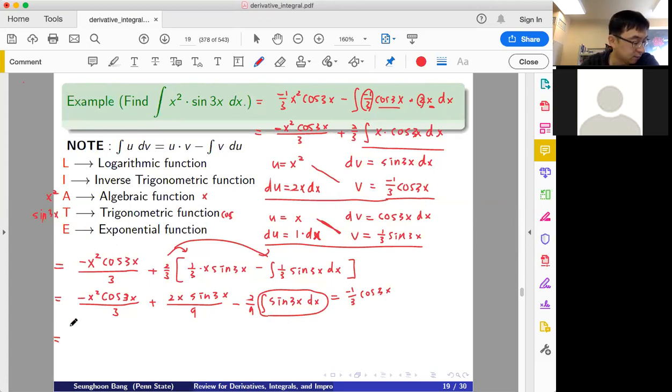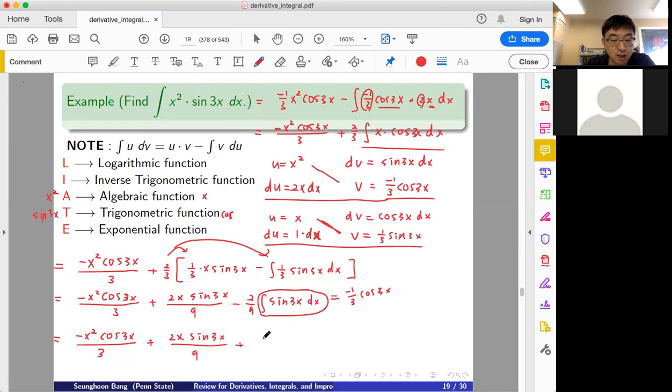So we have negative x squared cosine 3x over 3 plus 2x sine 3x over 9. The negative 2 over 9 times minus 1/3 is positive 2 over 27.